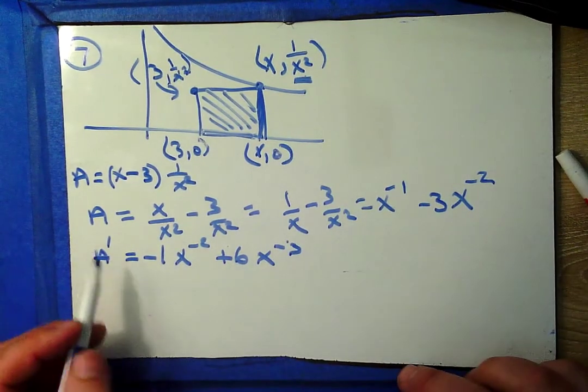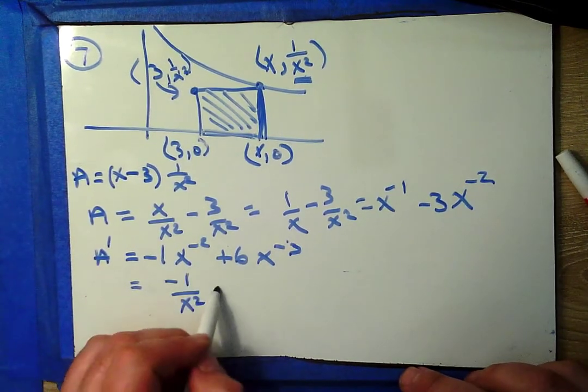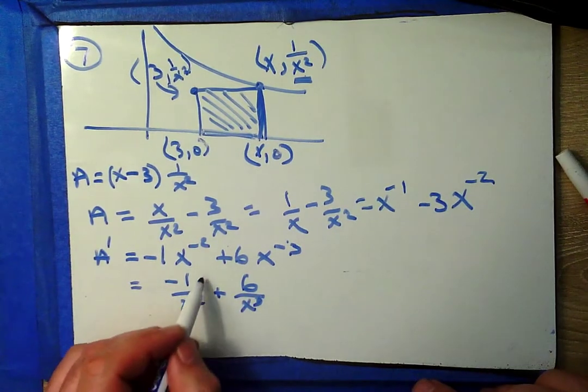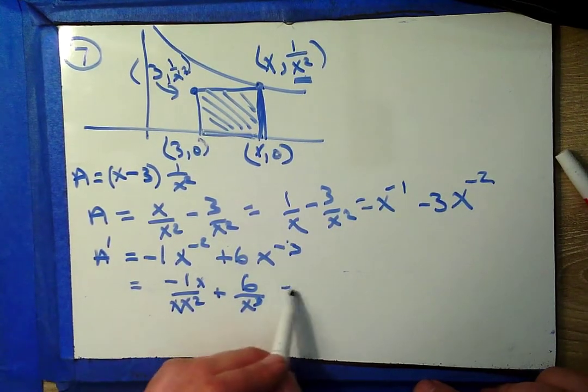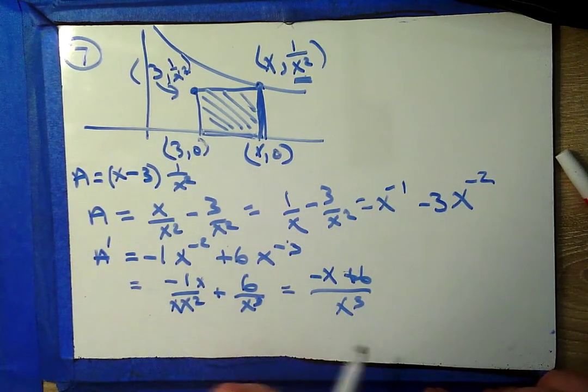Okay, and that would be negative 1 over x squared plus 6 over x to the third. I'm actually going to make a common denominator here and get negative x plus 6 over x to the third.